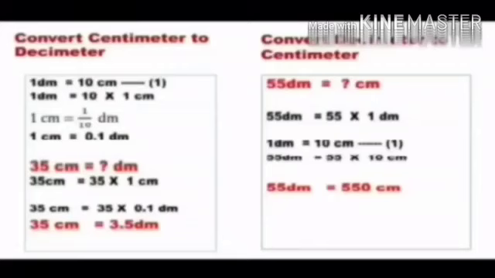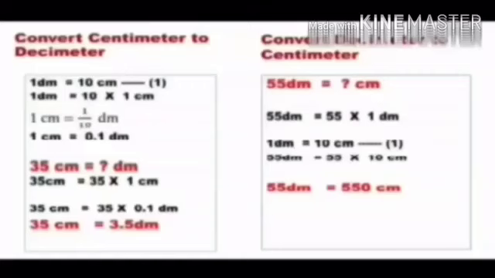So, to convert centimeter to decimeter, we have to divide the quantity by 10. Let us take an example. 35 centimeter is equal to how many decimeter? 35 centimeter is equal to 35 times 1 centimeter.